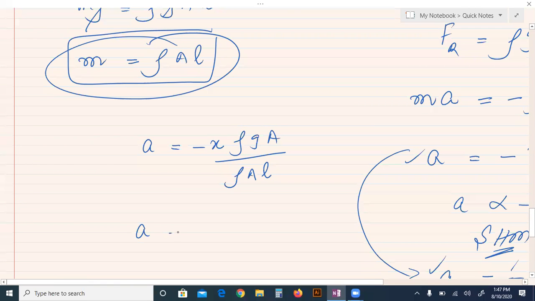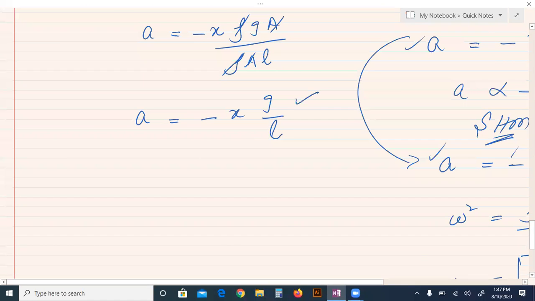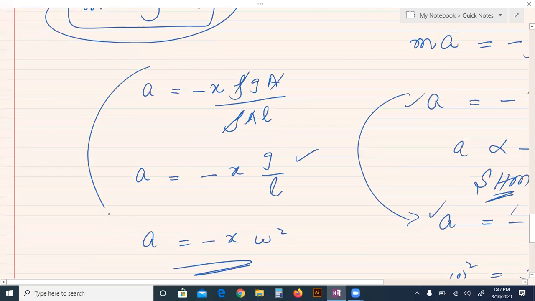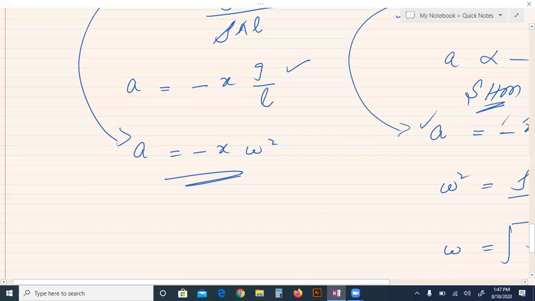So a is equal to, rho cancelled, A cancelled, minus x g over L. And we have proved that g over L is omega square, so minus x omega square. Hence, from this equation, the actual equation of simple harmonic motion is proved.